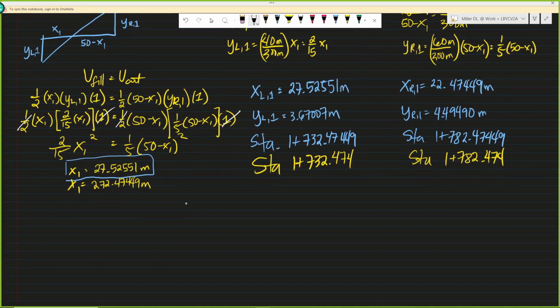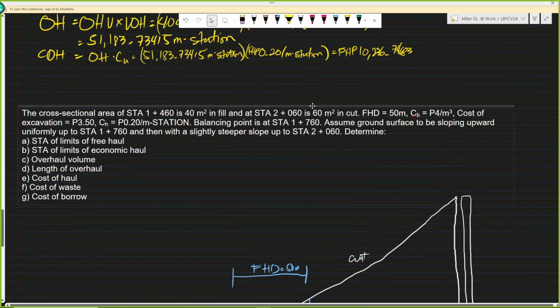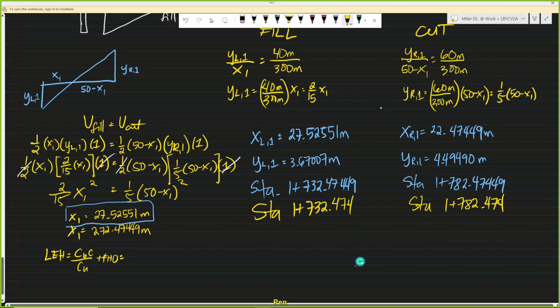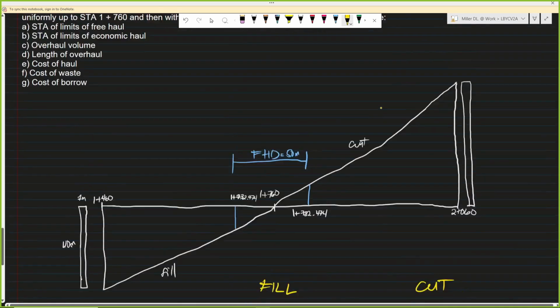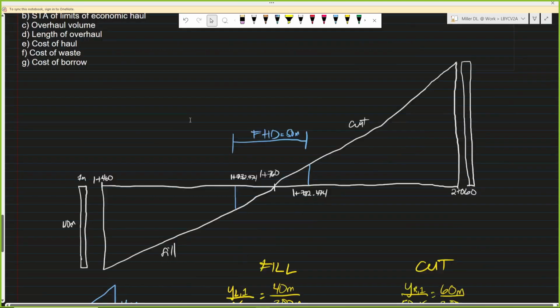So, LEH, dito na lang natin lagay sa side. LEH is equal to C sub B, C over C sub H plus FHD. So, ang C sub B natin ay 4 pesos divided by C sub H, which is 0.2 per meter station.